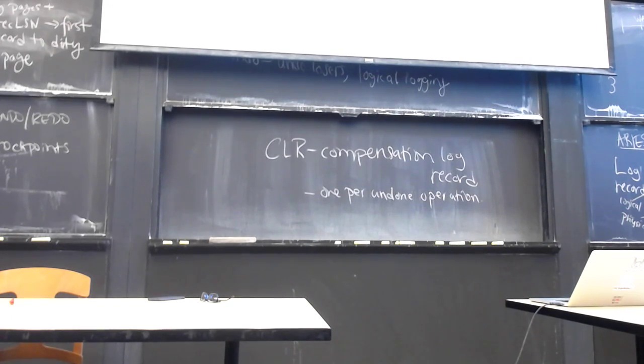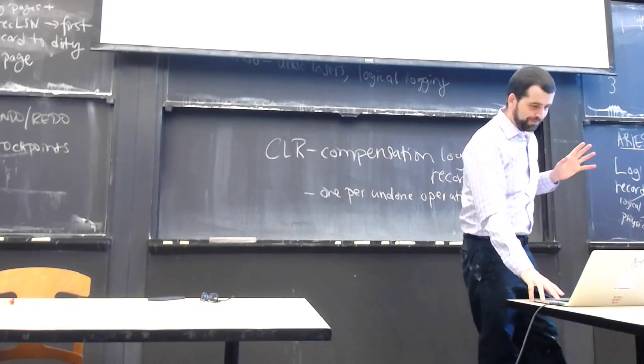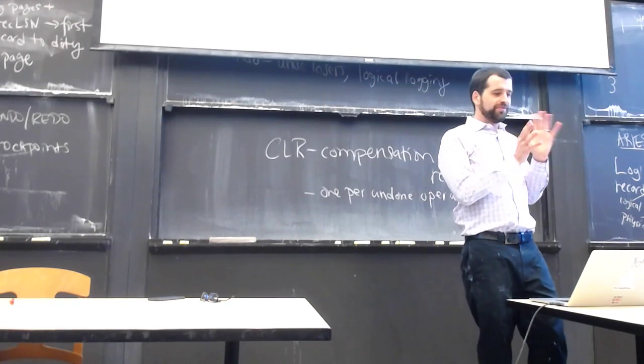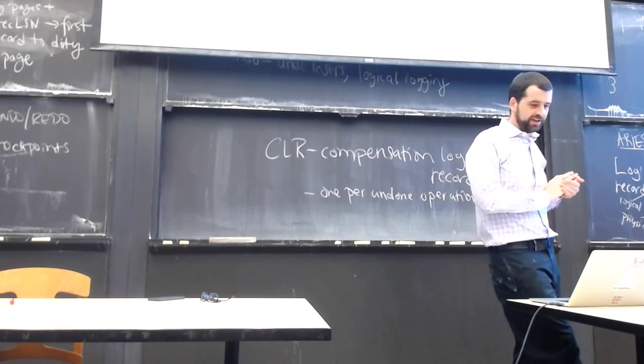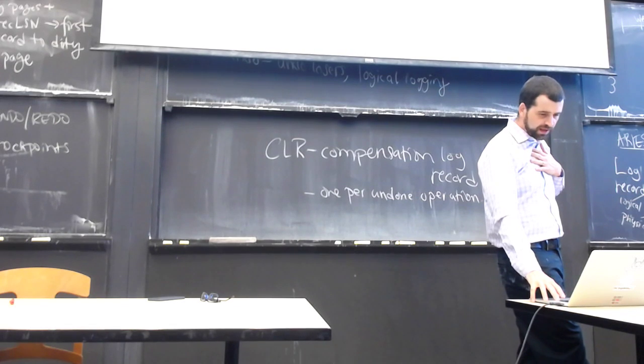It says, for example, to do this undo, I'm going to physically modify this heap file and this index page. So that when we're replaying a CLR, we can make sure that the undo operation that we did is actually physically undone in the contents of the system. I know it's confusing because we're mixing up undo and redo in this kind of crazy way, so let me show you an example.